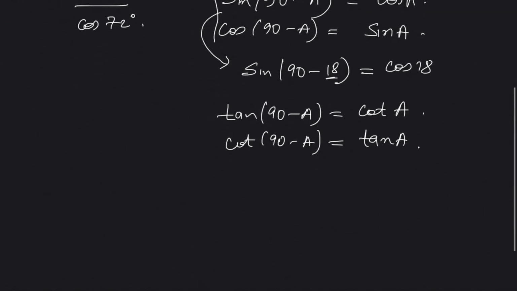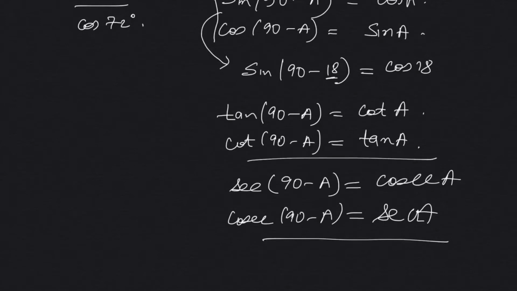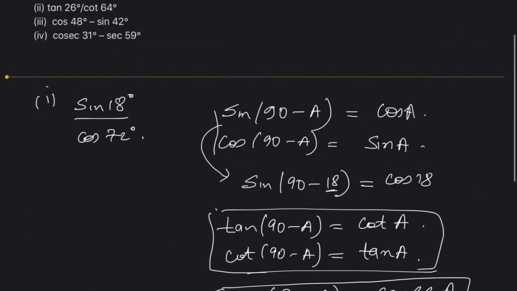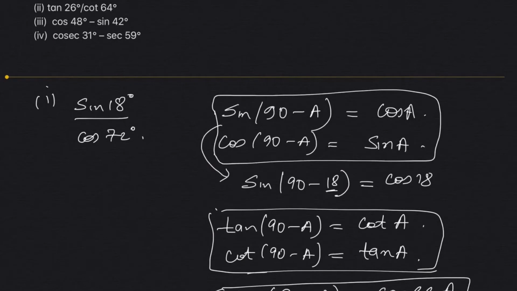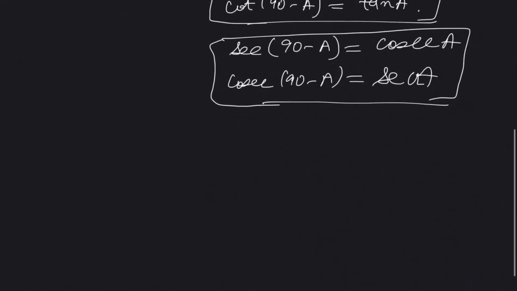And then the last ones are sec (90 minus A) equals cosec A, and cosec (90 minus A) equals sec A. So these are very easy relations, so simple and easy to remember. If we remember these six relations, we should be able to solve this exercise 8.3 without much of a hurdle. So shall we begin the first question, that is number 1.